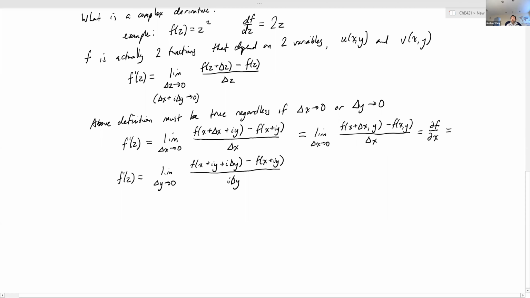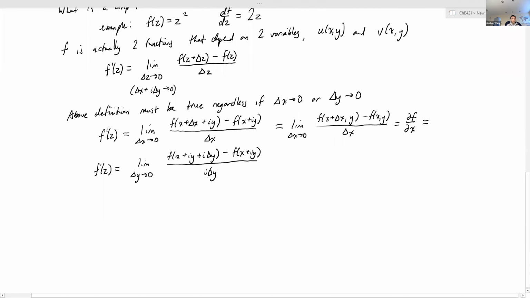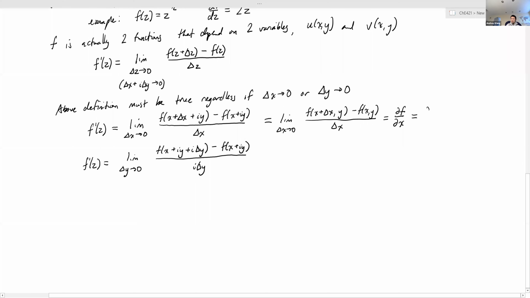Or another way of writing this is, remember, my f is actually two functions, right? So I could write this as du dx plus i times dv dx, because f is just u plus iv, right? Okay.